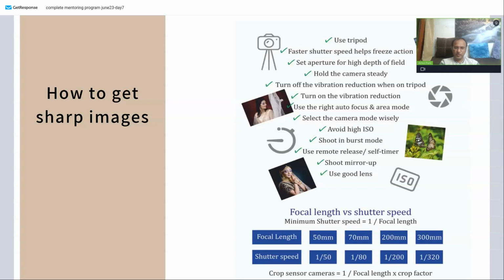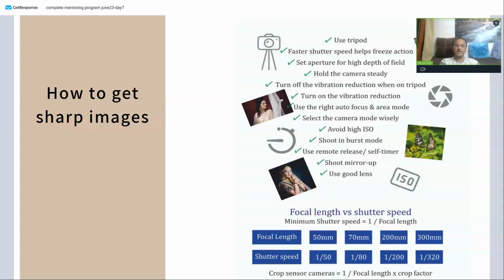One more tip for your benefit: minimum shutter speed is equal to 1 by focal length. This will help you get a sharp image. This is just a thumb rule.